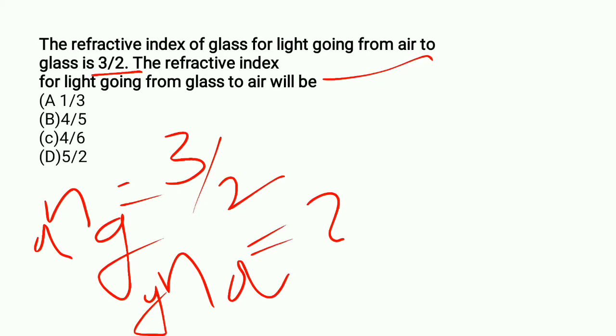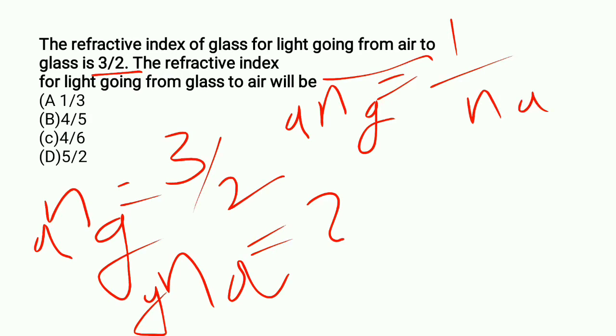And here we have the formula that the refractive index of glass to air is equal to 1 divided by the refractive index of air to glass.